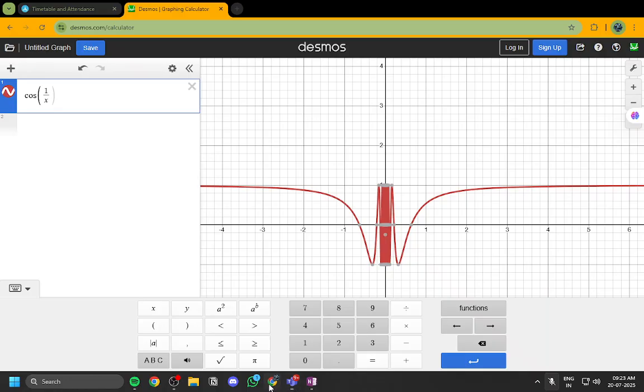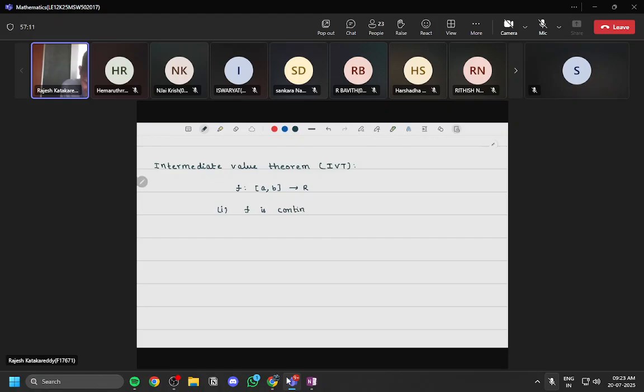First, f is continuous in the closed interval [a, b]. Second, for our convenience, f of a is not equal to f of b. If f of a and f of b are equal, there is no point, as there is no intermediate value. This condition can be broken, but the above one cannot be broken. Clear?